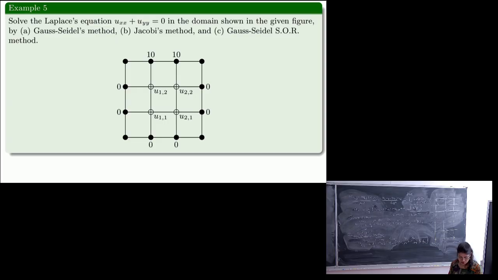So here on the boundary, this is given to be 0, 0, 0, 0, and this value is given to be 10. So 4 points are unknown to me which I have to find out.